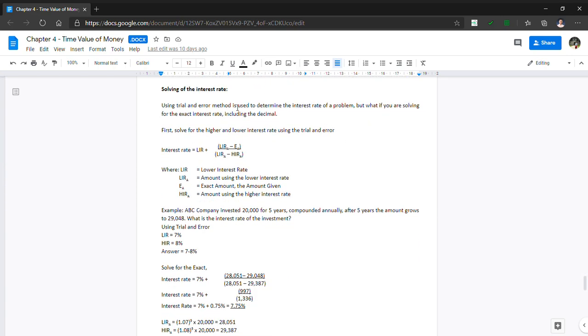And next topic natin yung solving for the interest rate. Right? So previous topics natin is paano i-solve yung mga amounts. Pero in this case, paano naman kapag merong amounts, right? Pero ang problem is yung interest rate ang wala. So, an example of this problem, right, is meron tayong 5,000 today.